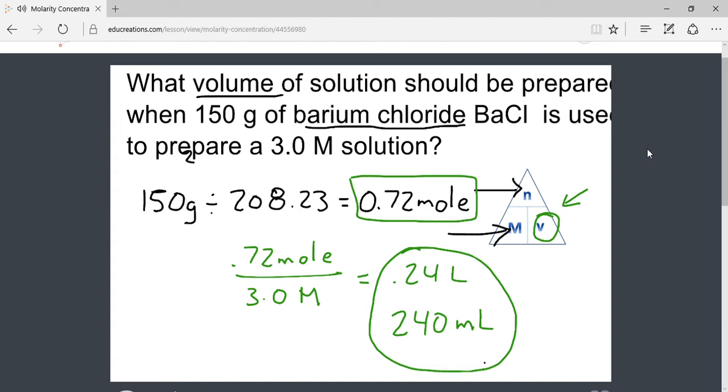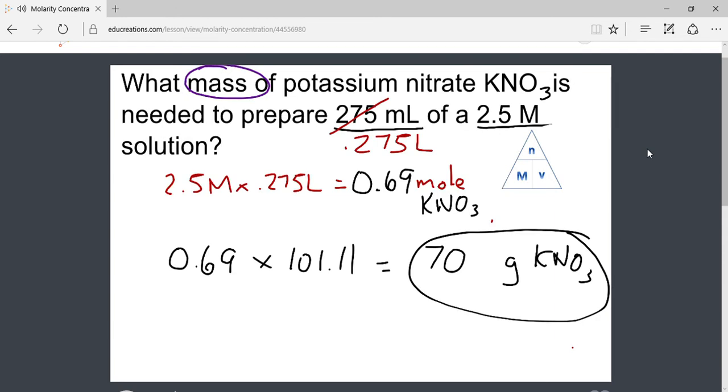Let us simply restate some of the things that we did with the examples. In this particular example, we solved for V, or volume. To solve for volume, we would divide the N, number of moles, by the M, the molarity concentration. Since this example asked for mass, we would have to go through the mole amount to get there.